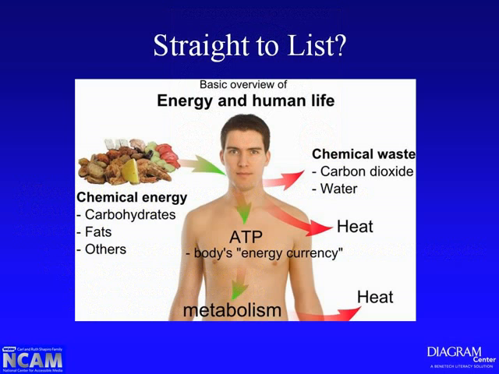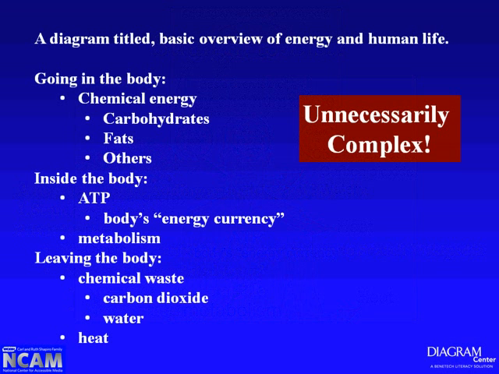Here's another flow chart. This is a basic overview of energy and human life, and this looks very much like the other one. It's got little images and it's got arrows, and it looks very straightforward. And if you create a nested list, it actually is unnecessarily complex, as our nice little warning tells us.